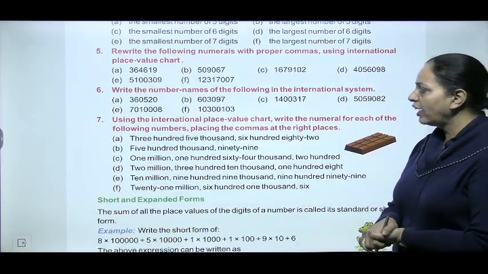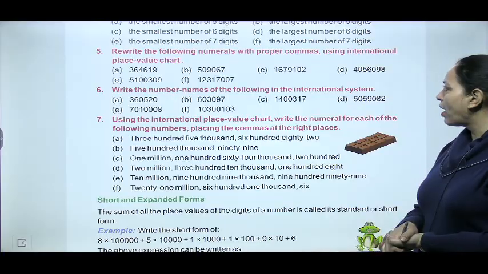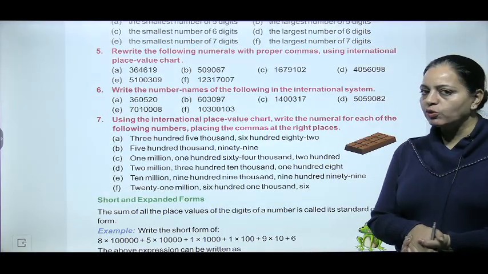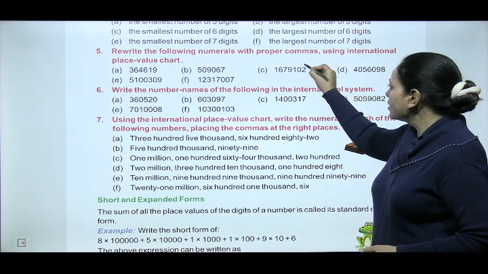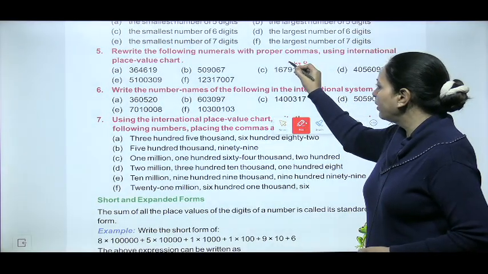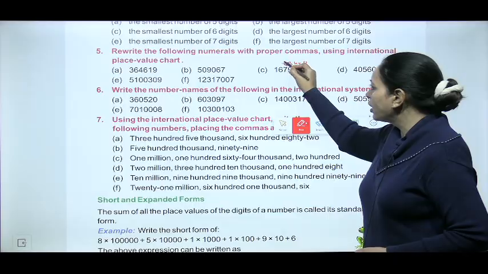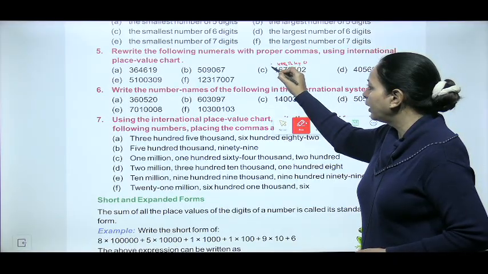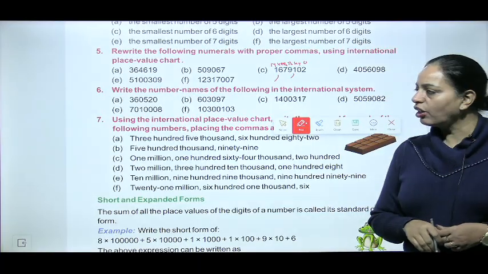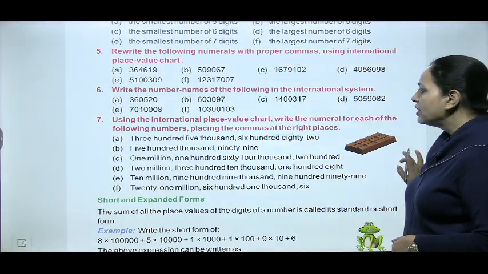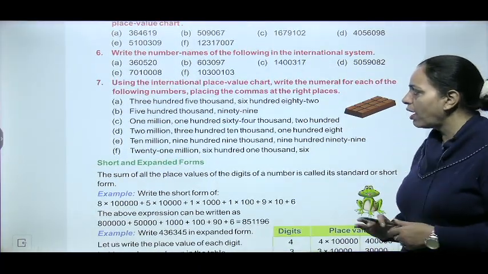Now the fifth, rewrite the following numerals with proper commas using international place value chart. Like C part, so we know ones, tens, hundred, 1,000, 10,000, 100,000 and then million. So 1,679,102. Similarly, we can try remaining parts.